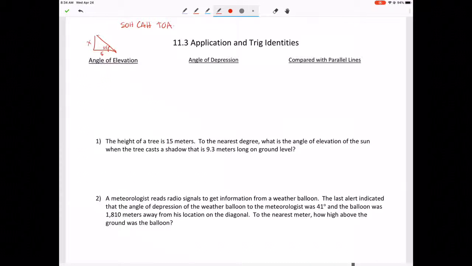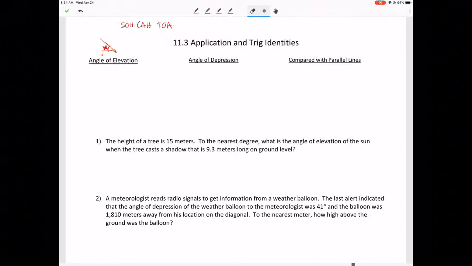Or oftentimes we will have, maybe like 4 here, but we want to find this angle, and we talked about how we'd use sine inverse or cosine inverse or tangent inverse. So we'd only use inverses when we try to find an angle. We use sine, cosine, and tangent when we're trying to find a side.